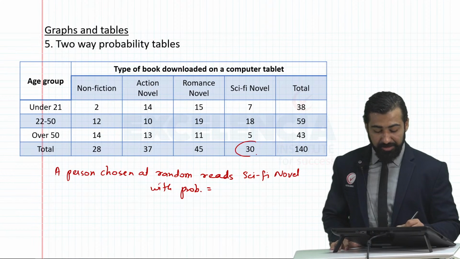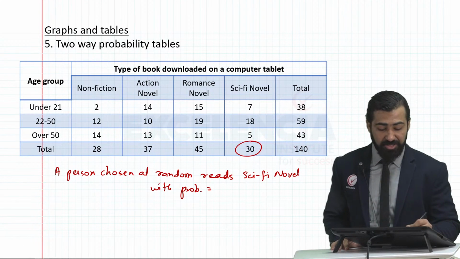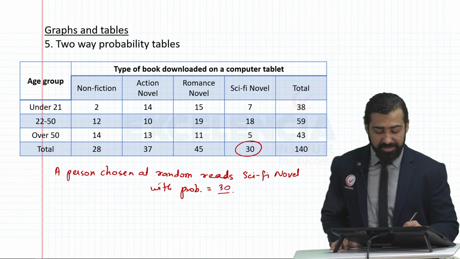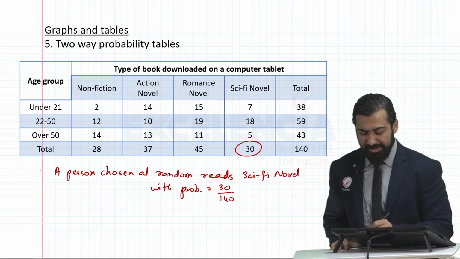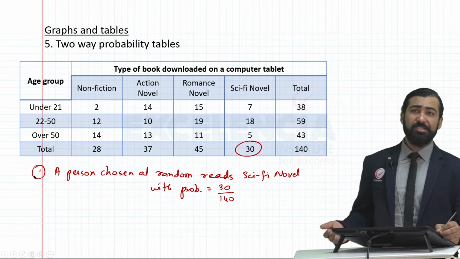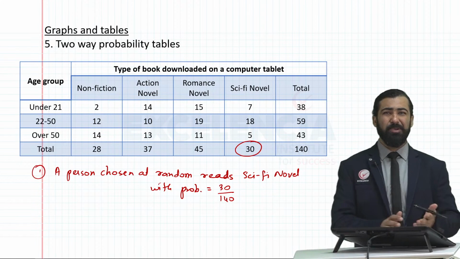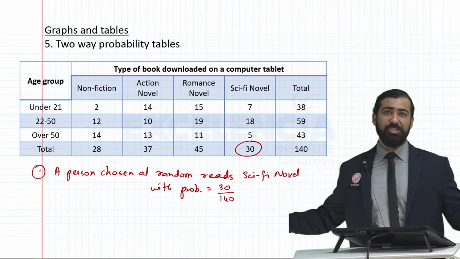So there are 30 people who are reading sci-fi novels. In total I've got 140 people. So the probability is 30 divided by 140. This was very simple probability. A person chosen at random reads sci-fi novels with this probability, because out of the whole population 30 people read sci-fi novels.